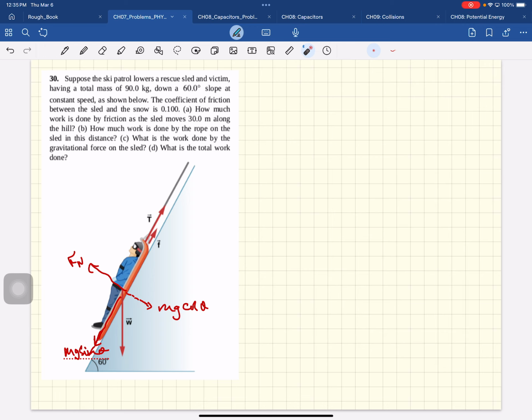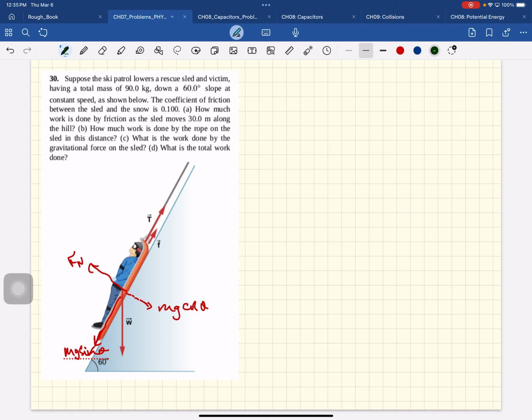So we're going to calculate the work done by all the forces. You can calculate the work done by individual forces: by tension, friction, the normal force, and all that.